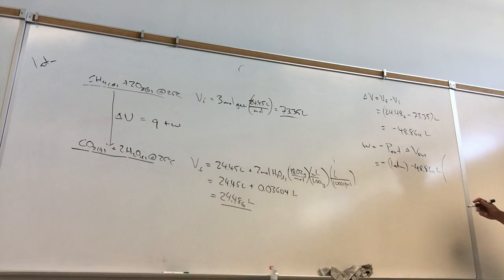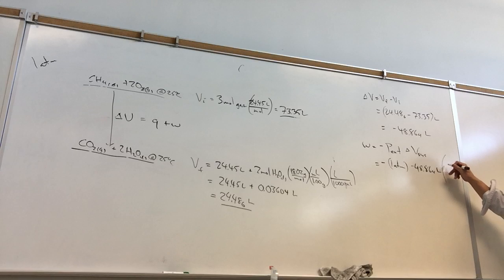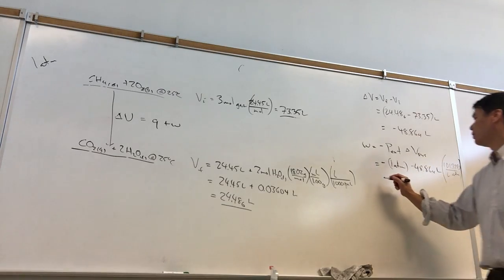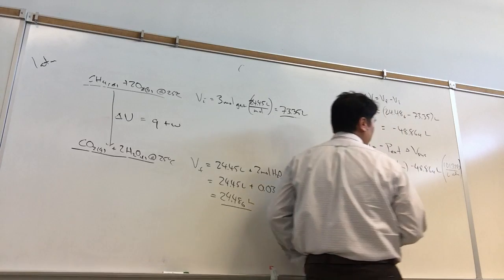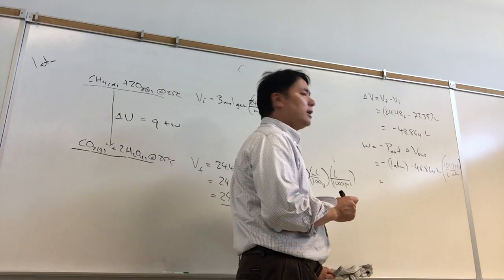So I want to convert this into joules. Converting into joules, it's 101.325 joules per liter atmosphere, or 101.3. And so what do we get here?